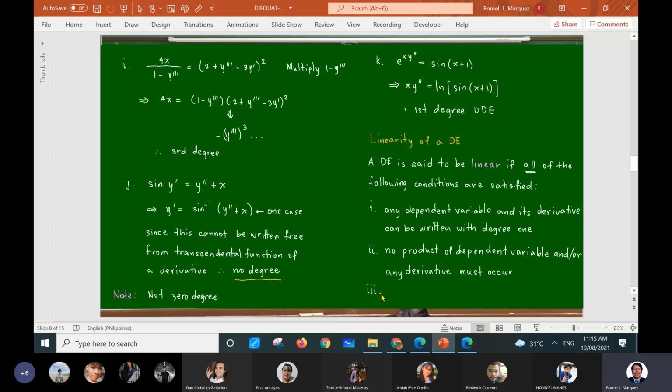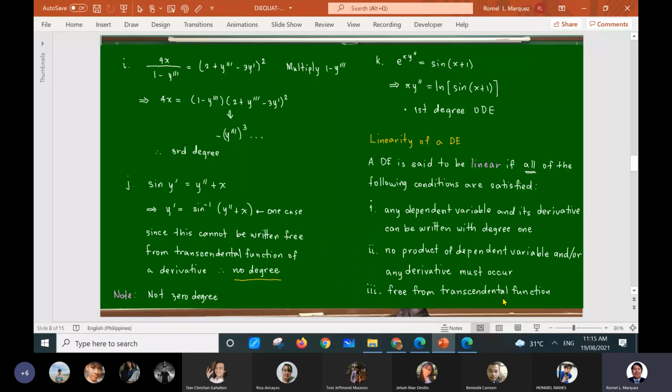The third one: free from transcendental function of a dependent variable. Free from transcendental function, meaning no transcendental function. When you say transcendental function: trigonometric, inverse trigonometric, exponential, logarithmic, hyperbolic, inverse hyperbolic, of what?